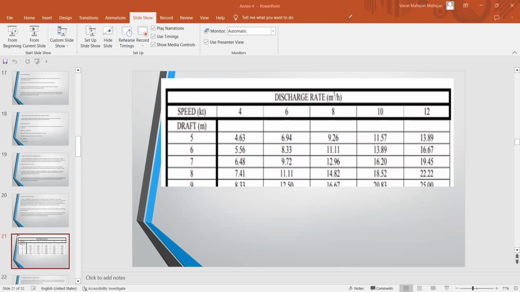Okay, then in that case, when you are discharging your sewage after departure from the port, how do you meet this regulation criteria? How do you meet the discharge rate criteria? Any idea? Okay, this is the question for tomorrow.